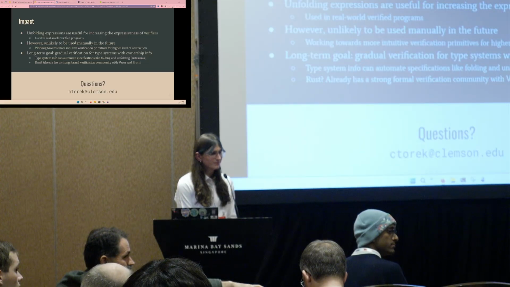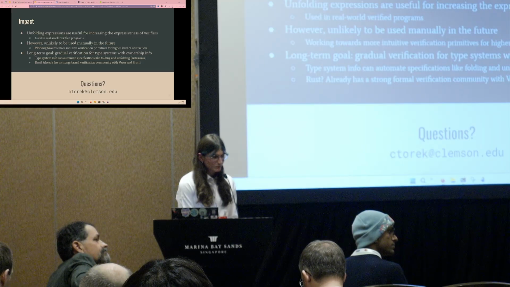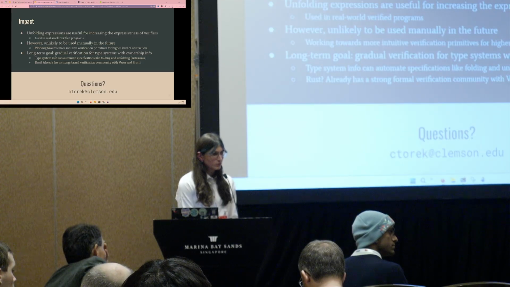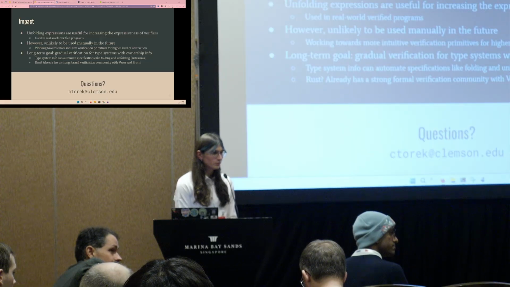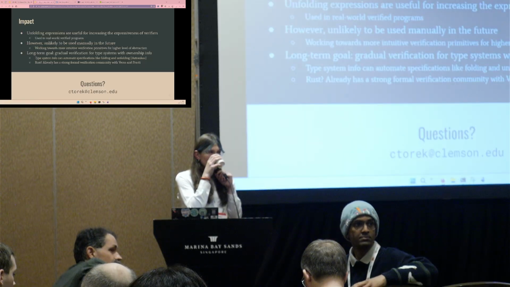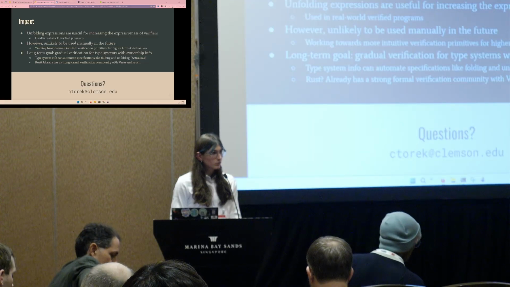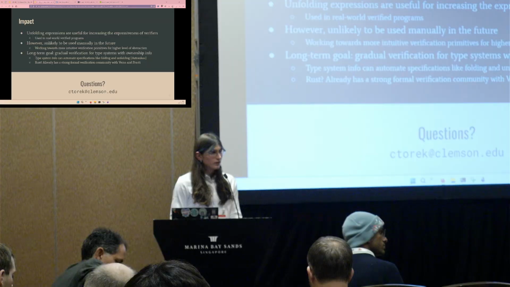Hey, thanks for the great talk. At the end there, you were talking about how it's inconvenient to actually write all of this manually, right? And I was thinking, rather than working at an entirely different level of abstraction, is it possible to just do some sort of inference or automation there?